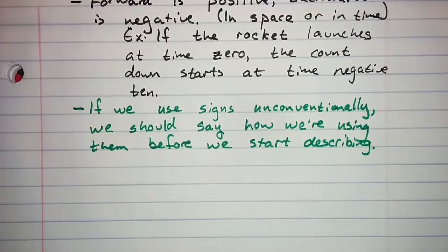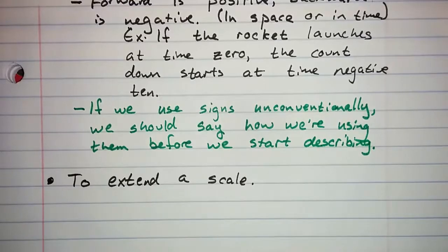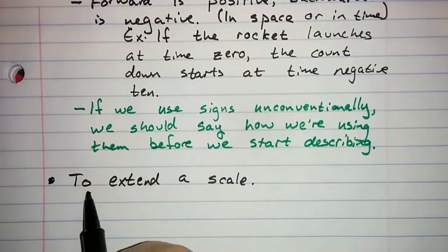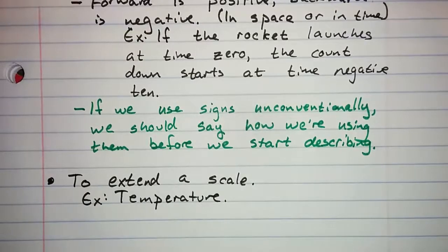Another way we can use signed numbers is to extend a scale. One major place where this happens is in temperature. Right, so 0 degrees Fahrenheit. Lord Fahrenheit went outside today and said, gosh, this must be the coldest day ever. We're going to call that 0 degrees.